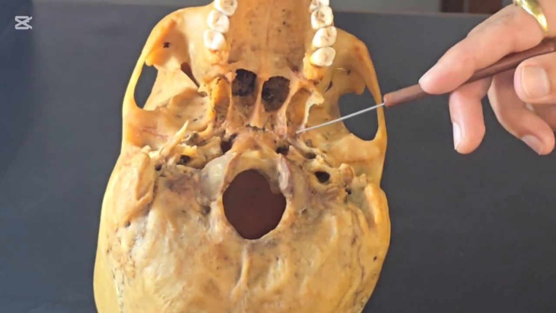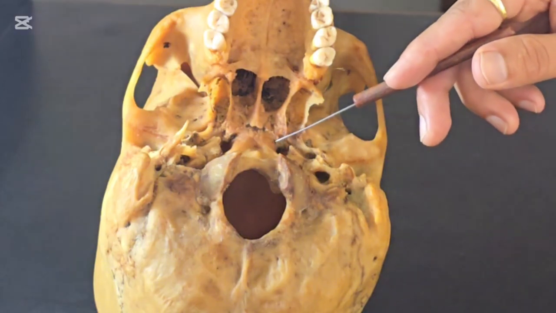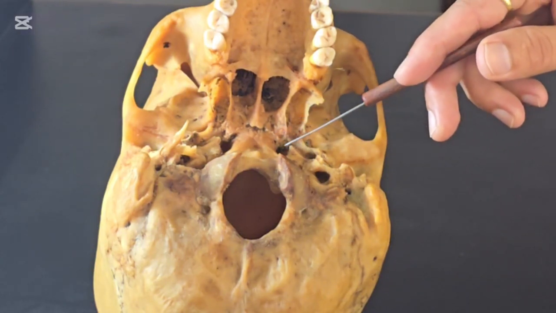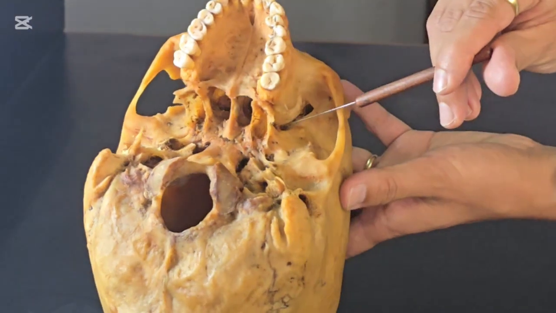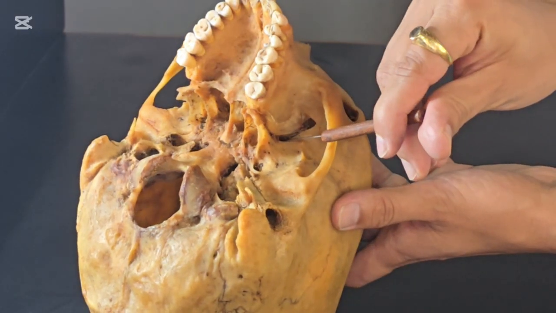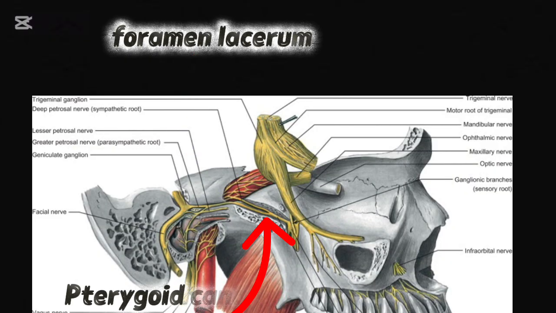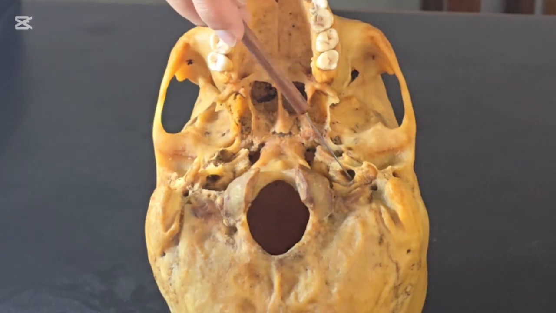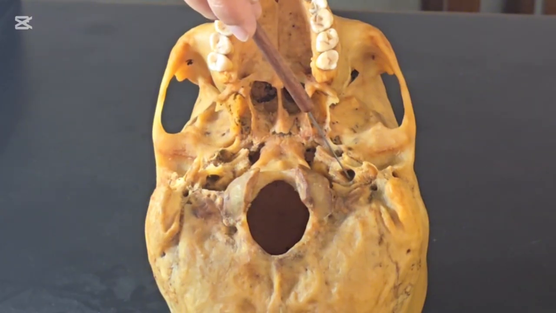From the anterior wall of foramen lacerum, a canal known as pterygoid canal begins and ends at pterygopalatine fossa. Similarly, carotid canal opens into its posterior wall, thus presenting the internal carotid artery to the foramen lacerum.